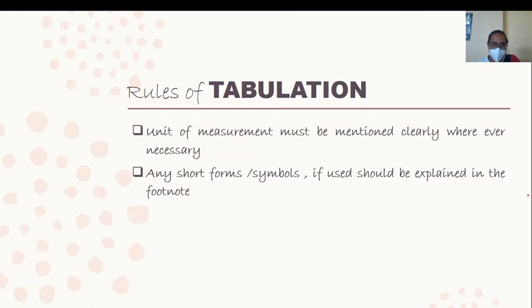Next, any short form symbol, if used, should be explained in the footnote. Sa mga libro, may nakikita kayo sa bandang baba, may linyang ganyan, tapos yung sulat niya is napakanipis. Ayun tinatawag na footnote.